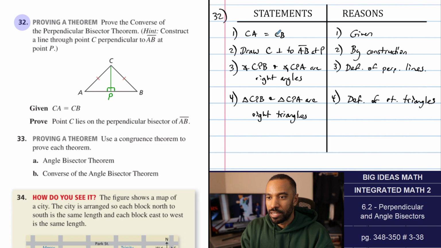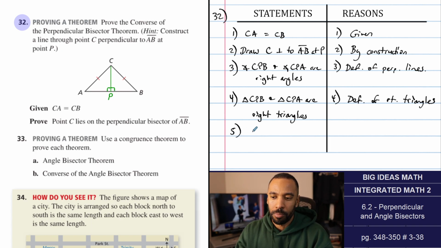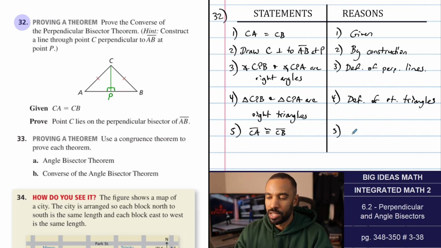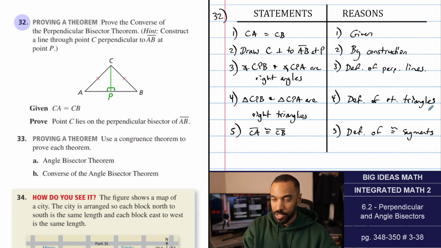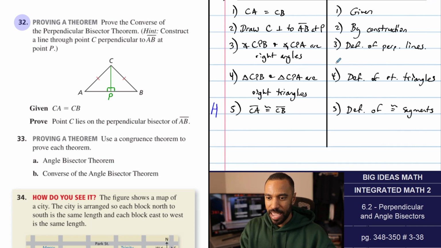Now, statement 1, CA is equal to CB, is not a congruent statement, but statement 5 will be. I probably should have done this as statement 2. But segment CA is congruent to segment CB. This is the definition of congruent segments. Congruent segments have equal measures and vice versa. There's one congruent statement for the hypotenuses. That is my H in HL.